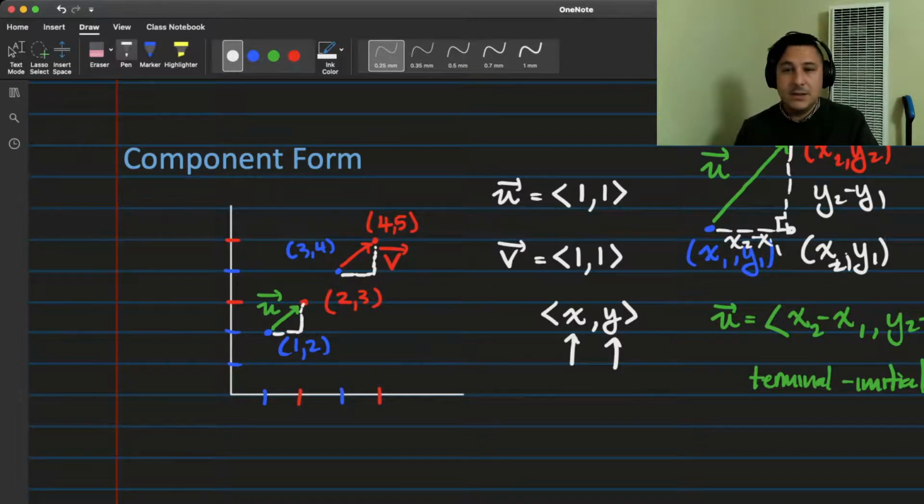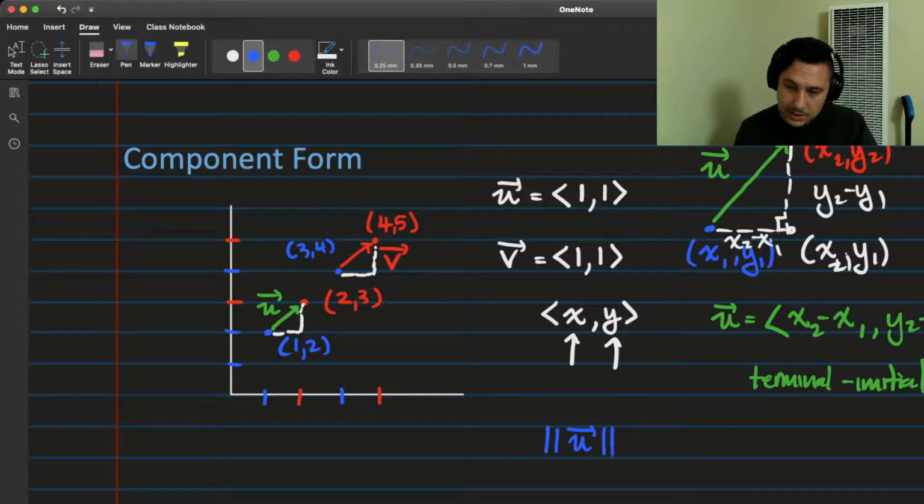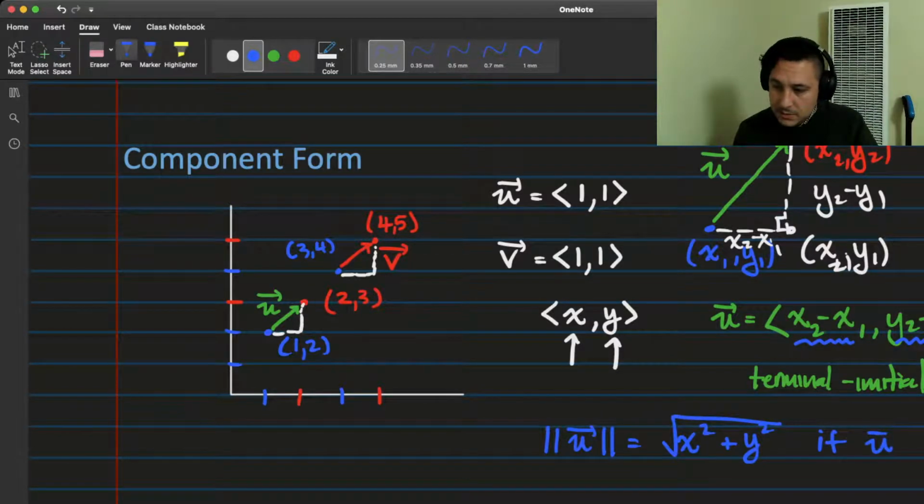The magnitude of your vector is just going to be: you take your x component and square it, you take your y component and square it, and you take the square root. So if your vector u has components x, y, just take those x and y components, square them, add them together, and take the square root.